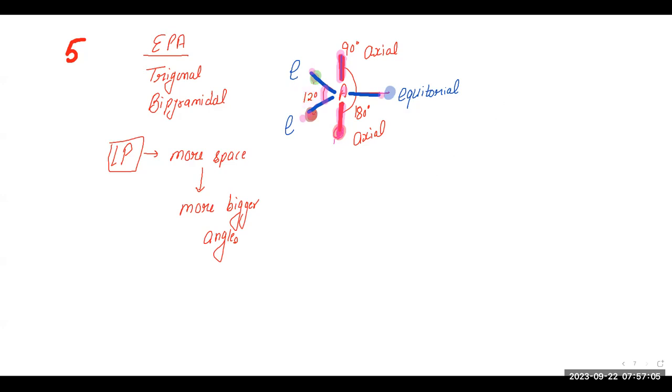So let's write down: lone pairs should always be on the equatorials, right?